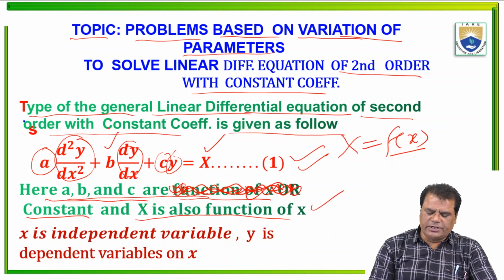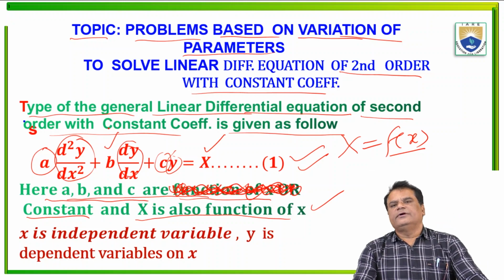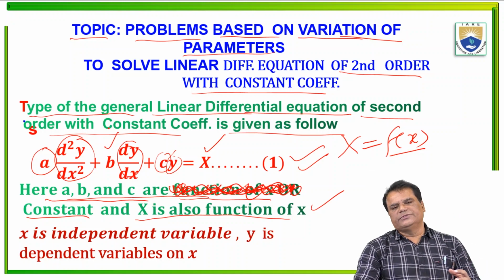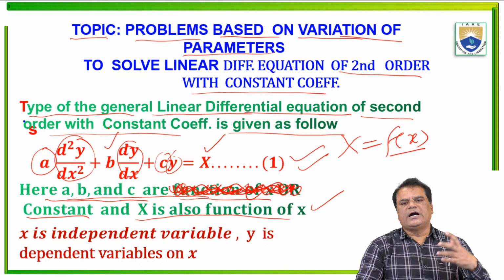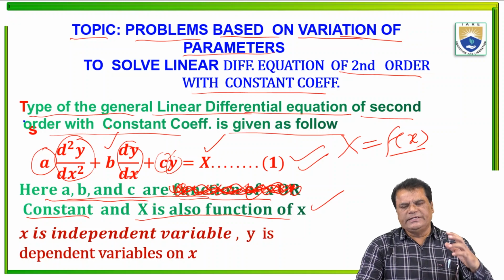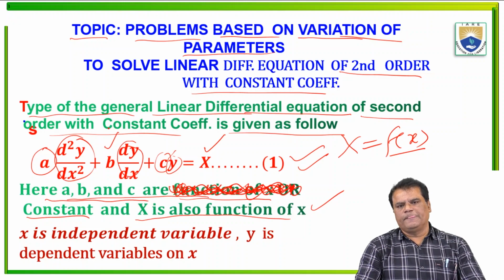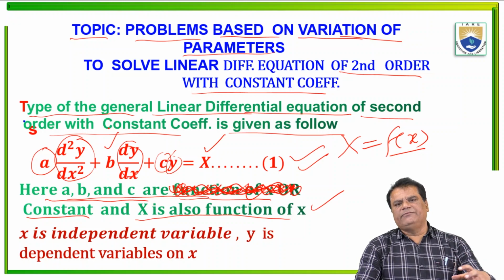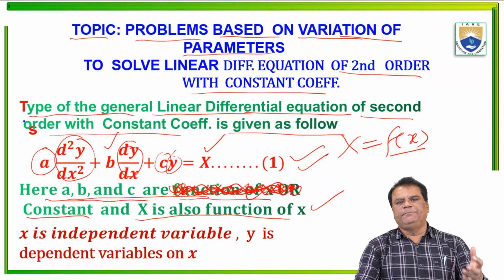A, b, c are not functions. I am taking only constant coefficients. Our given differential equation is second order with constant coefficients, so a, b, c are numbers, always multiplied with the derivatives in each term.